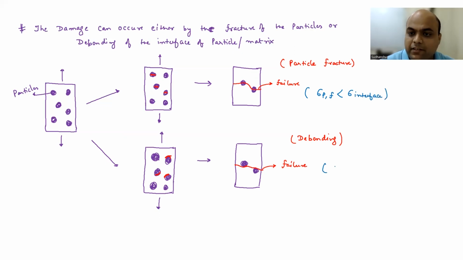And the second one will be when the strength of the particle is higher than the strength of the interface. Where sigma PF is the strength of the particle and sigma interface is the strength of the interface between the particle and the matrix. Okay.